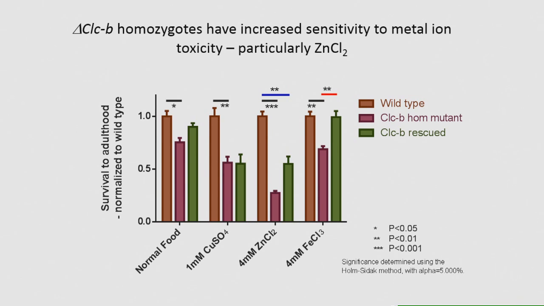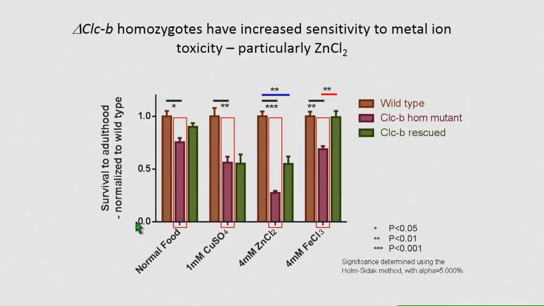So what we've done here is compare wild type and mutant flies and look at their survival from early larval stages to adulthood on either normal food or food supplemented with concentrations of copper sulfate, zinc chloride, or iron chloride. And I've used here what I call sublethal concentrations, so they'll typically reduce viability by about 10 or 20% in a wild type fly.